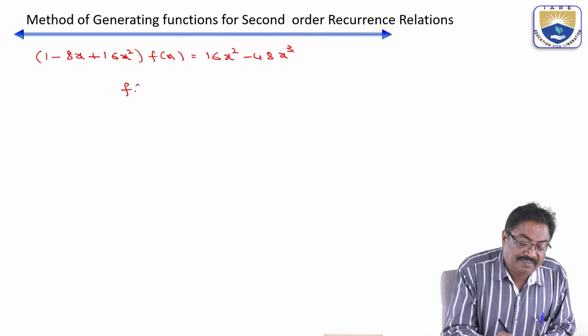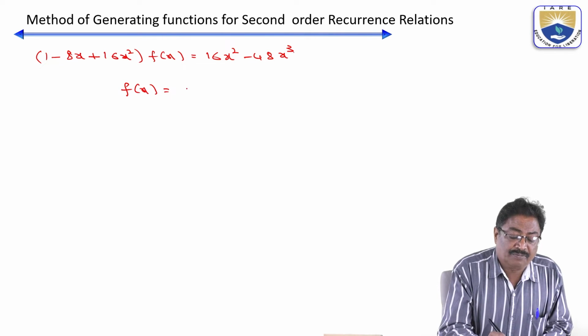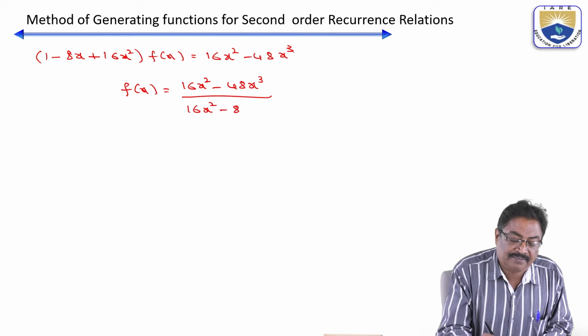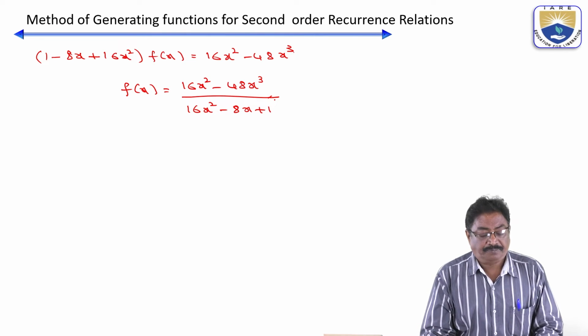So f of x equals 16x square minus 48x cubed divided by, rewriting like this, 16x square minus 8x plus 1. So this is the generating function.